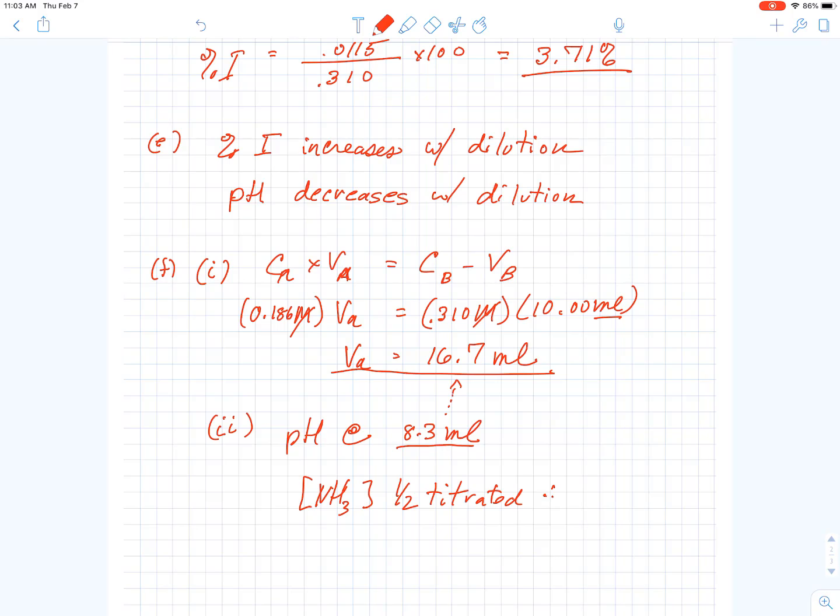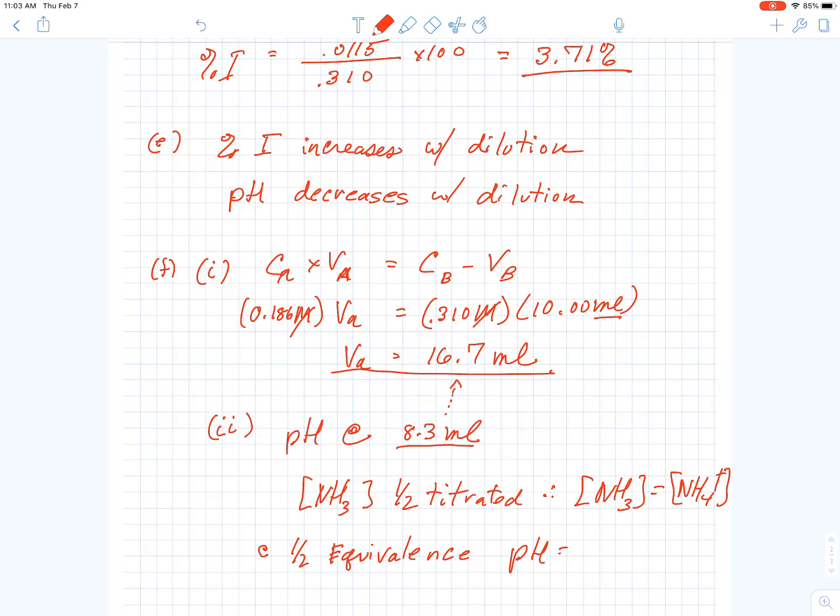Notice 8.3 mLs is half of 16.7. It's the half titration point, and half titration points are easy. At a half titration point, the concentration of the unreacted base is equal to the concentration of the conjugate acid that was produced. And when that ends up happening, the pH equals the pKa. That's it. That's all you have to write.